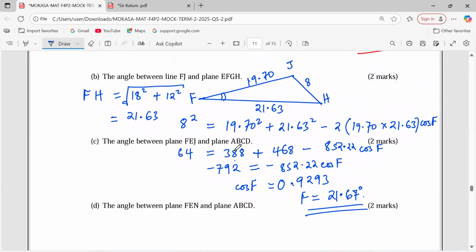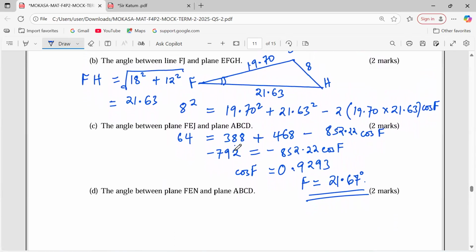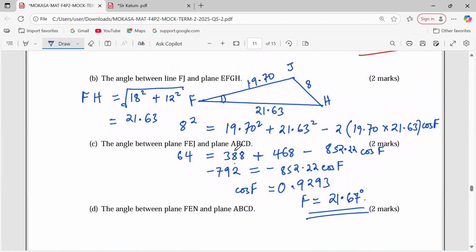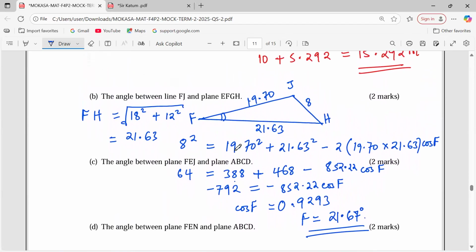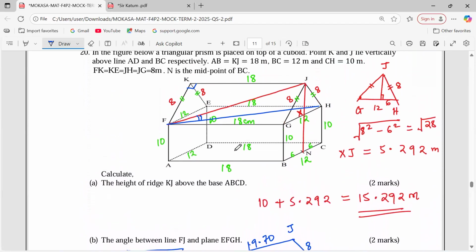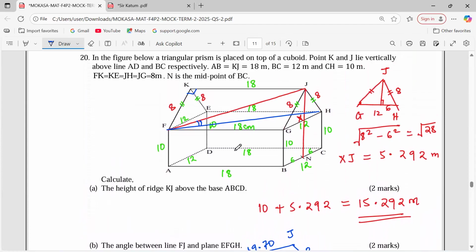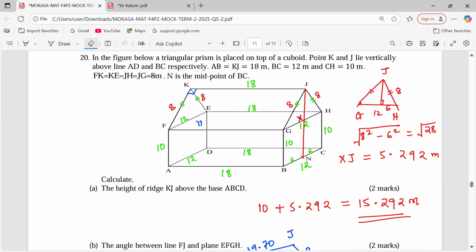In part C, we're told to find the angle between planes. The plane is FEJ. Where is that plane? Let's identify it first.